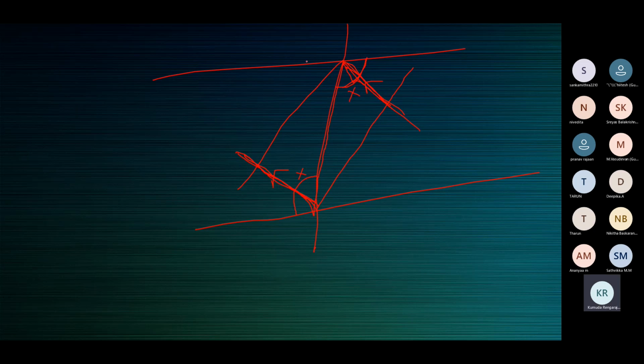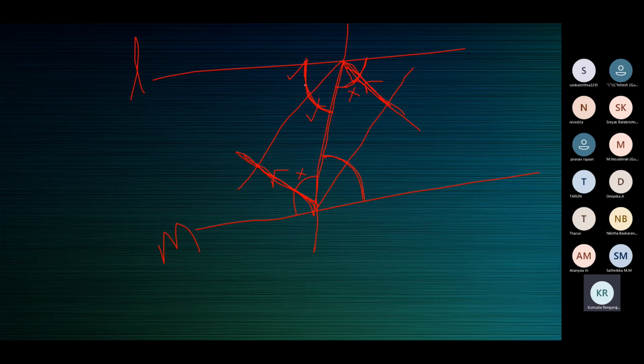Now take up the other pair of alternate interior angles. This angle is equal to this angle, alternate interior angles, because L is parallel to M. So alternate interior angles are equal. So half of this angle is equal to half of this angle, because the angle is bisected. These two portions are equal. This portion is equal to this portion.